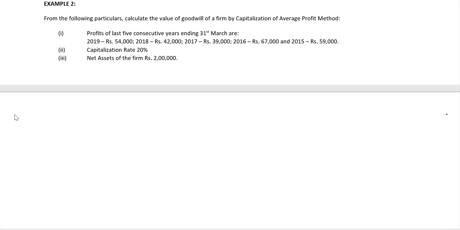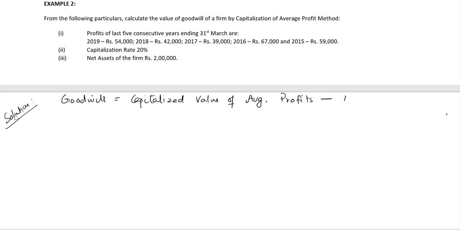So we'll go ahead with the solution. Goodwill is equal to capitalized value of average profits minus the net assets.